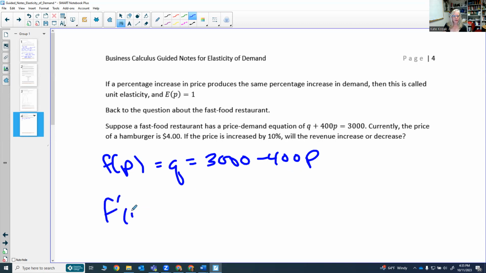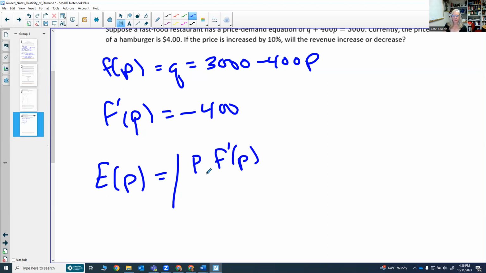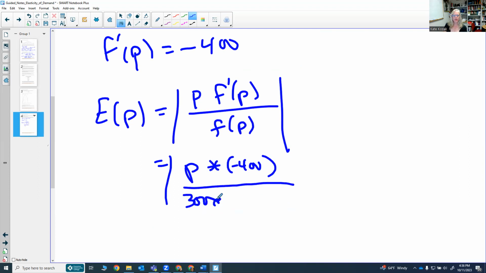F prime of P will equal minus 400. The elasticity of demand, E of P, is going to equal the absolute value of P times F prime of P all over F of P. So that's going to equal the absolute value of P times negative 400 all over 3,000 minus 400P.